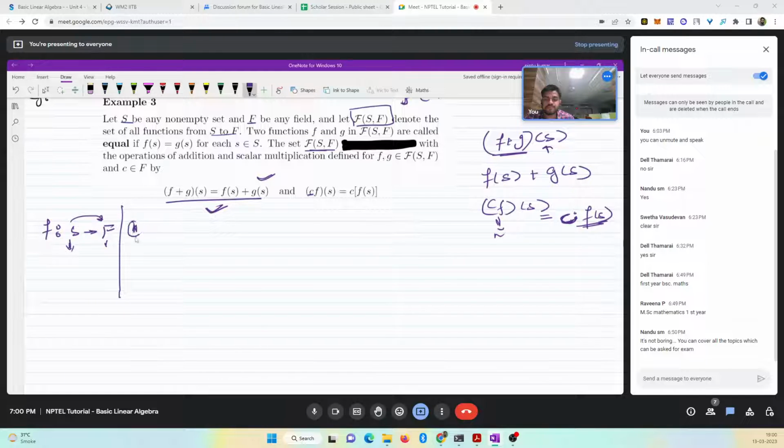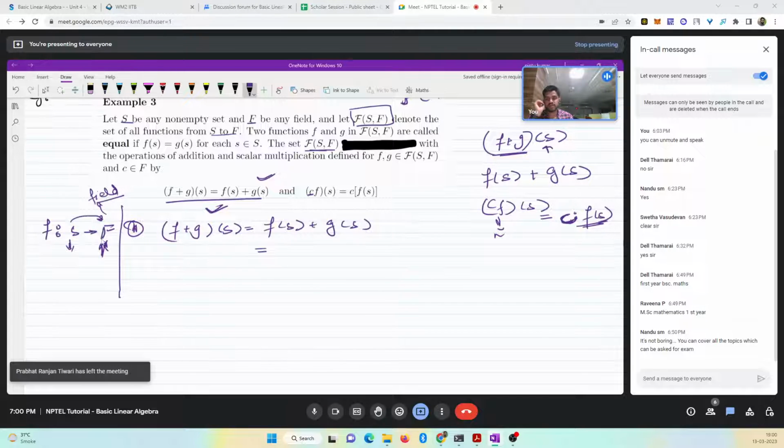First one is commutative. So let's say f plus g of s. What is this? f of s plus g of s, right? Now, because the range of this function space is a field, and we always consider the set over which our vector space is defined to be a field because we have the extra property that it is always commutative and associative, whatever properties you are seeing for addition are already satisfied for the field that you consider.